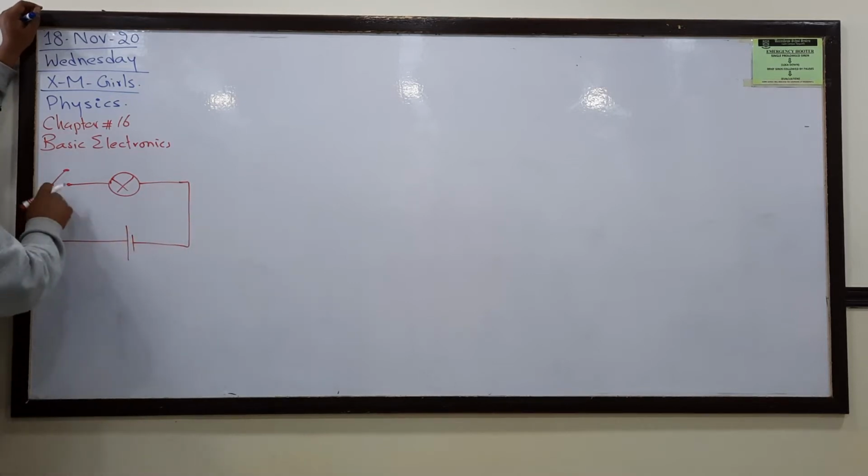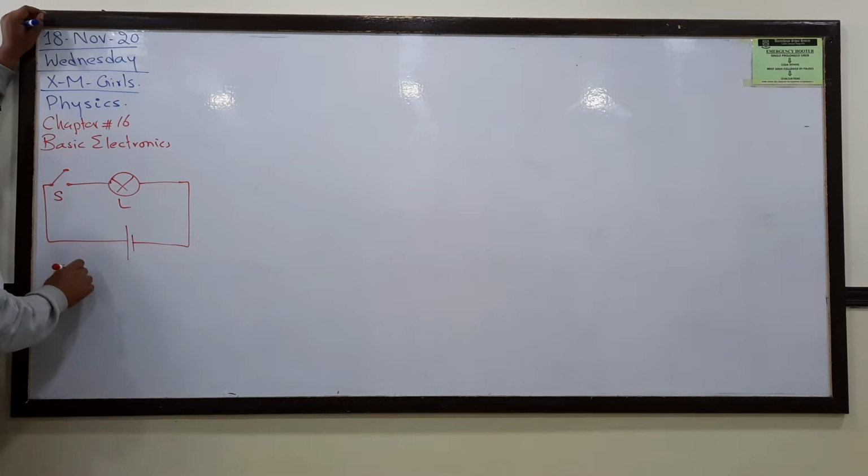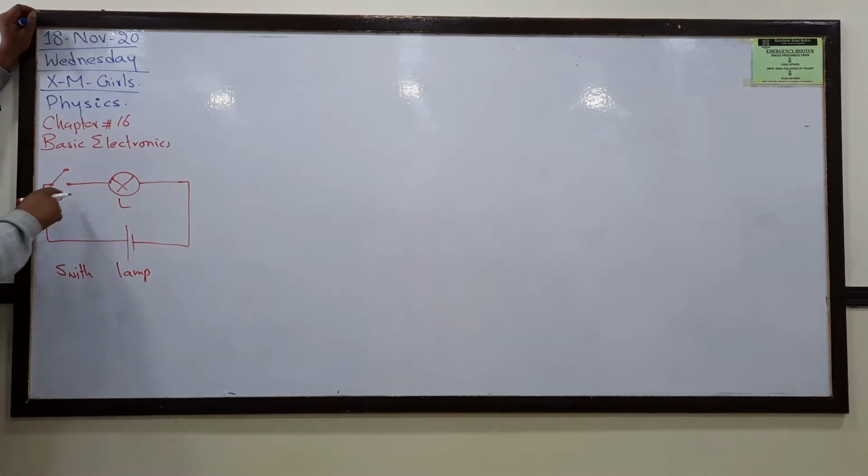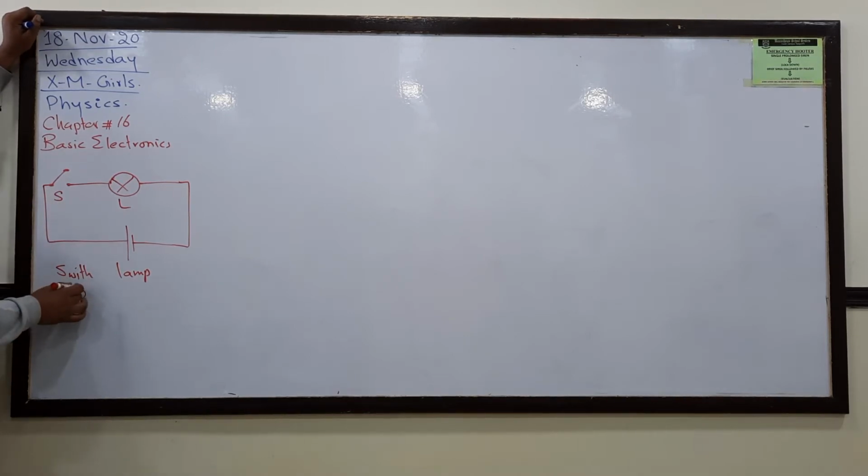So this is the battery, this is a switch, and this is the lamp. Let's say I write here switch and here lamp. If this switch is open, I will say it's 0. The lamp will be off. Obviously it will be off. If the switch is open, the circuit is not completed, so the lamp will not give light. So it will also be 0.